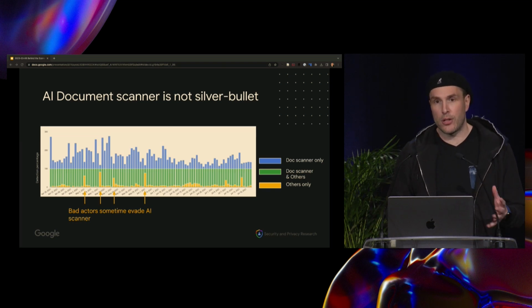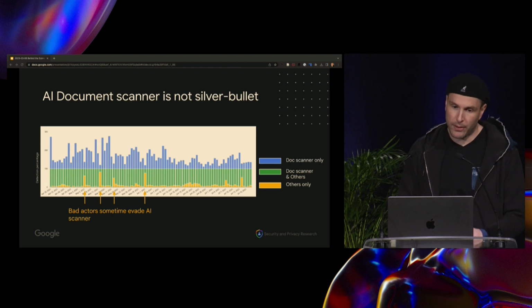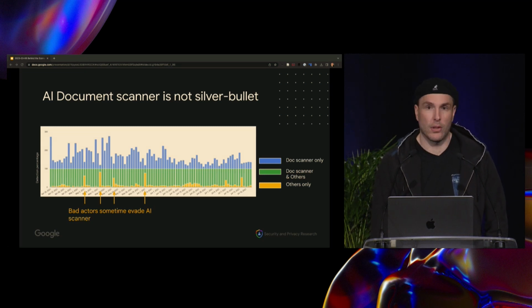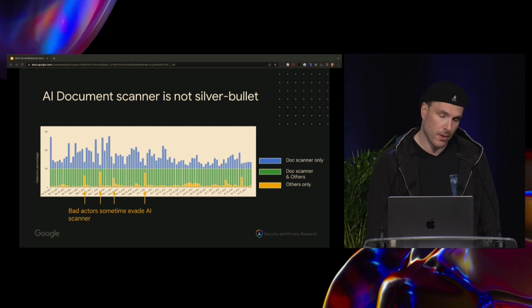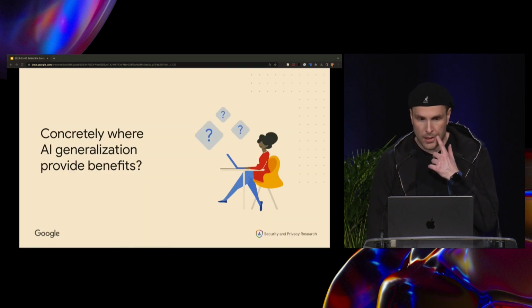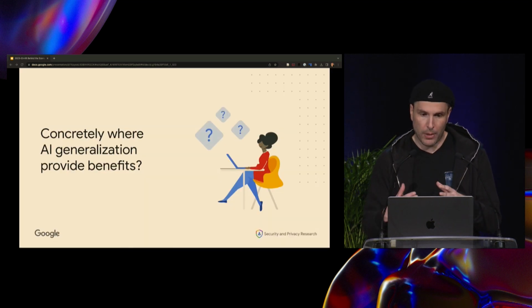Again, we're always relying on previous examples, but since there are new forms each time, this is how we're relying on the other detection scanner. So again, this is not a perfect system, but it does bring an added value to the whole thing.